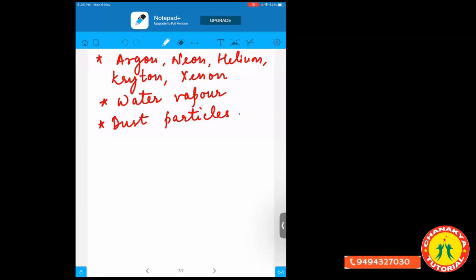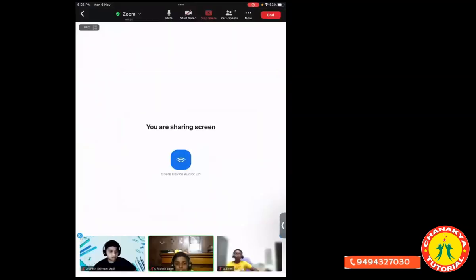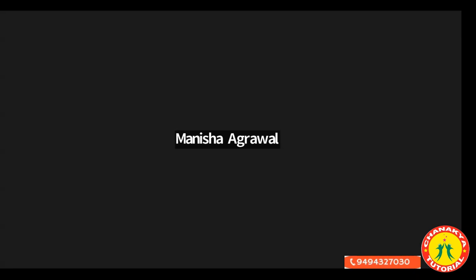If it is normal weather, then water vapor will be less. In the same way, if it is a windy day, then the dust particles will increase. And if it is a normal good day, the dust particles won't be as available. So depending on the day or the season, the amount of water vapor and dust particles will be decided accordingly.